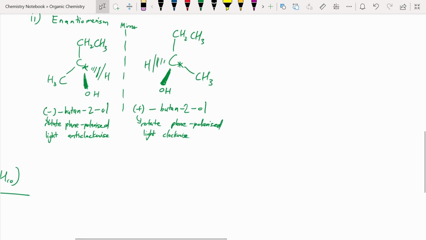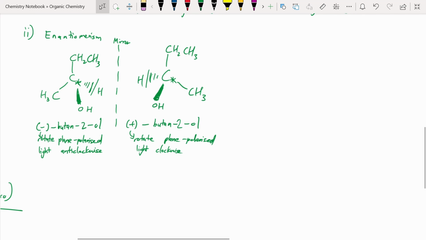So enantiomerism, all you need to know is that you need to have an asterisk sign on the carbon, and then there's hash and wedge bonds.